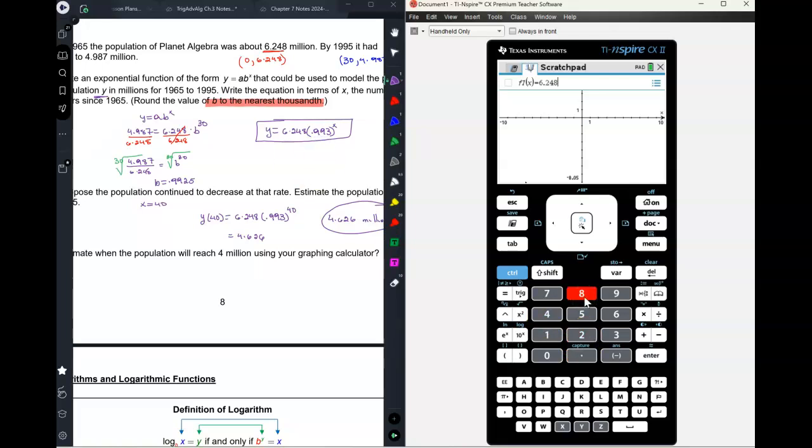Even here, you can press the same a, and it's saved for you, to the power of x, graph it. All right, so you can't see anything. Why? Because what is our initial value? It's 6.248, right? So these windows are way too small for us to see anything. So why don't we go over here to this number, and why don't we make that 10?